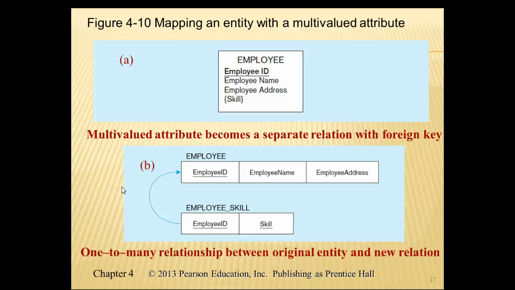Now notice that we now have two relations, one called employee that has an employee ID as the primary key and a couple of attributes. And then there's another relation called employee skill that has a composite primary key of employee ID tied back to the employee relation, and skill, which is the skill that that employee earned.